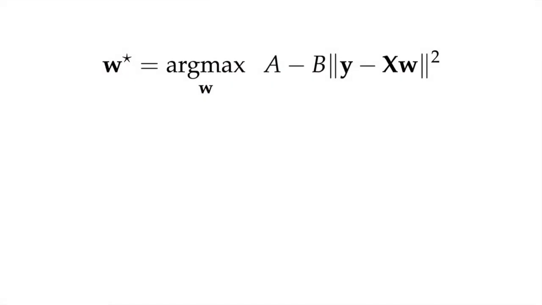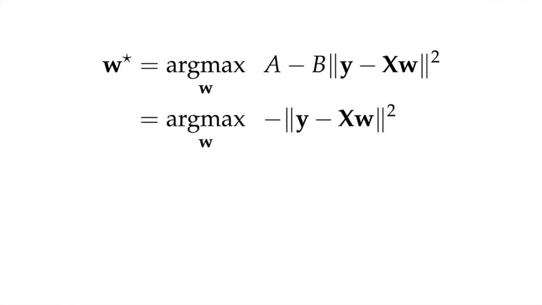We can see then that the optimal w star occurs at the argmax of a minus b y minus xw squared, which is the same as the argmax of minus y minus xw squared, which is the same as the argmin of y minus xw squared, which is exactly the expression that we optimized when dealing with the geometric interpretation.